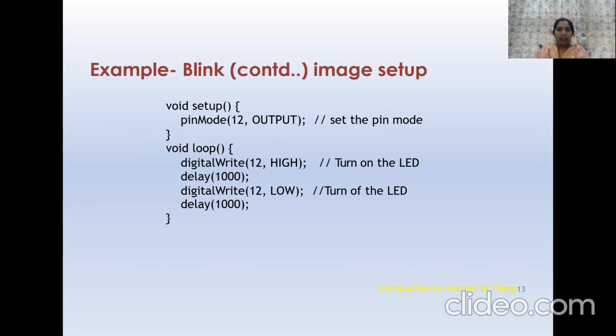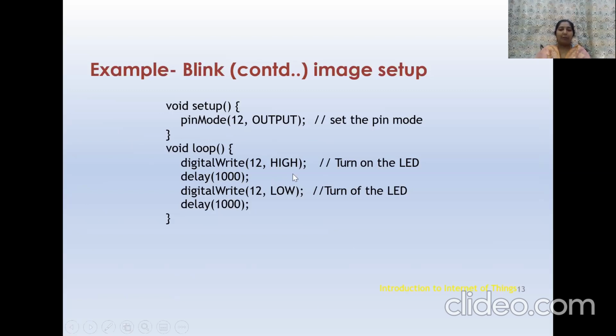Here we are writing the program to switch on and switch off the LED. We have only two states, one is on and the other is off. On is referred to as the HIGH state, off is referred to as the LOW state.